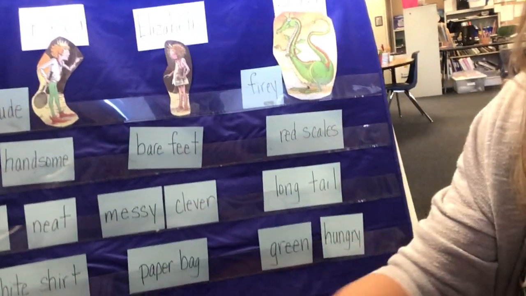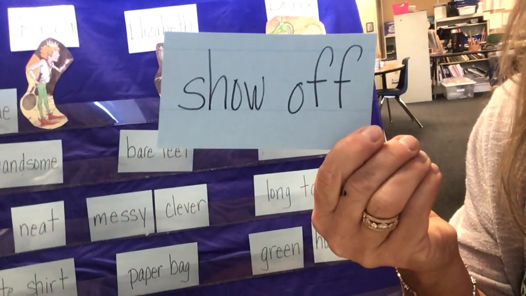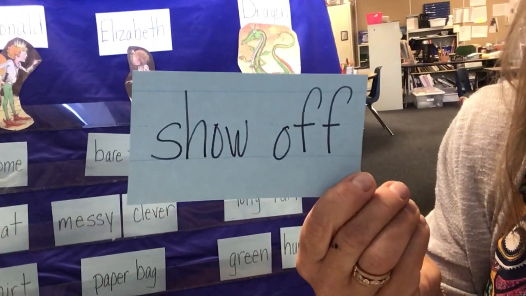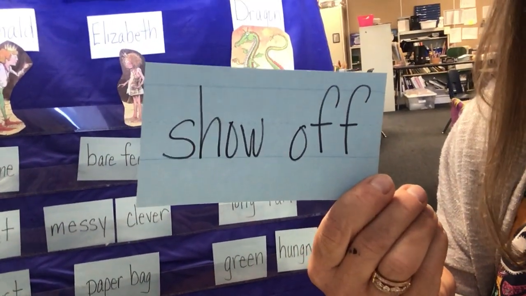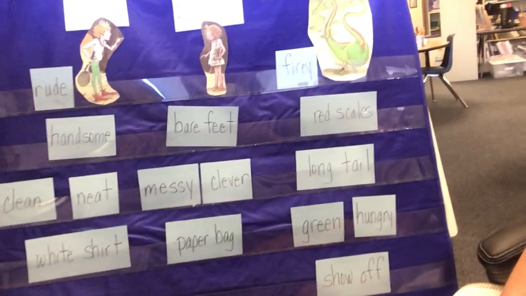Okay. Who in here is a show-off? Someone who wants to show you how awesome and wonderful he is. Wasn't that the dragon when he ran so fast and blew out all his fire? I think the dragon is a show-off.